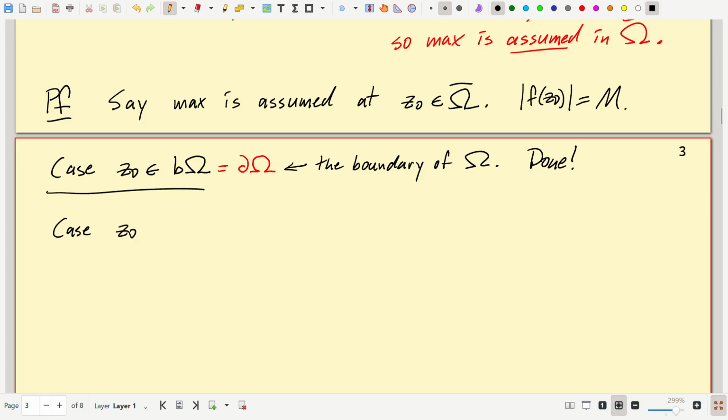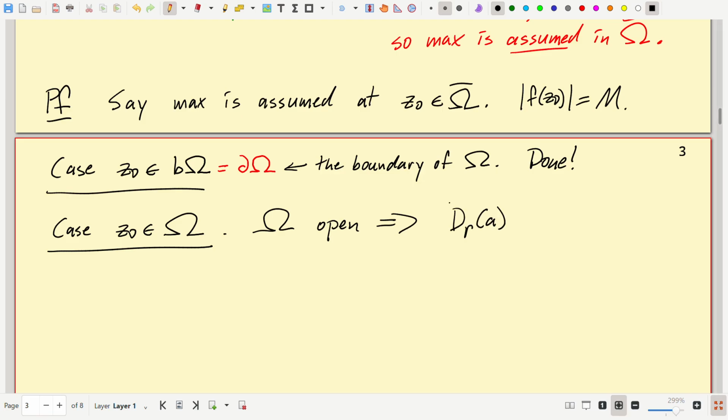Case z naught is in omega. Well, since omega is open, that implies there would be a disk of radius r, closure contained in omega.